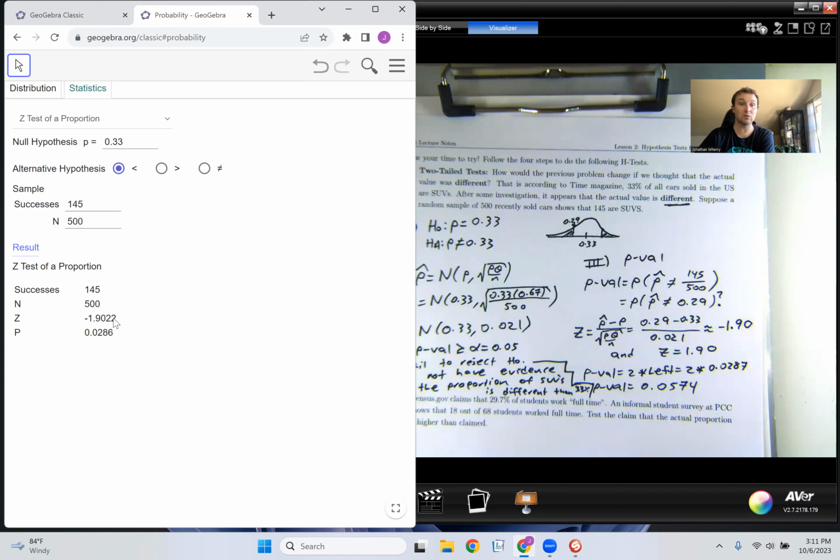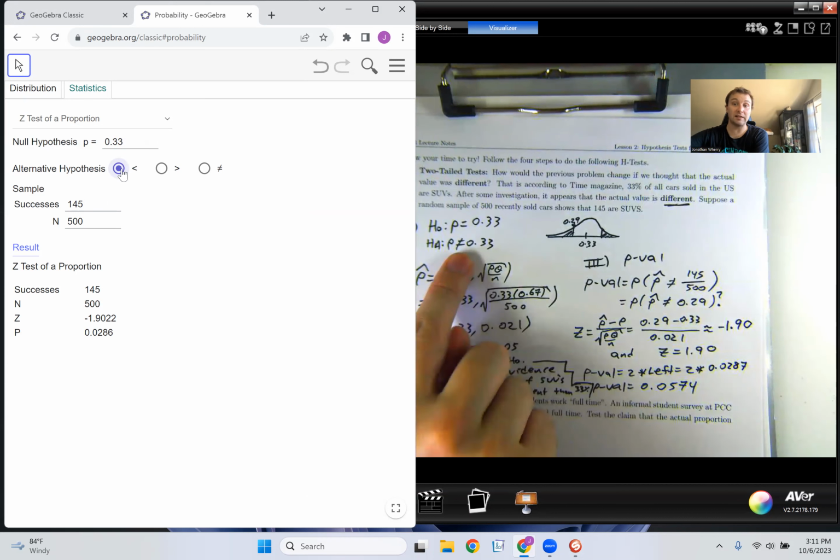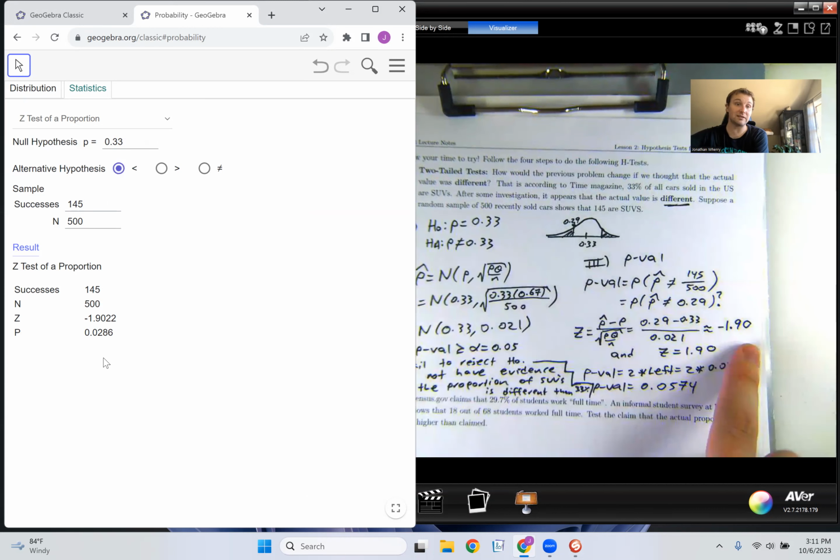It gives me a z-score of negative, and I've got to check my symbol. This would be if it was a left-tailed test. Do you notice how that left-tailed test is just giving me one of those areas? So when I do two tails, it makes that twice as big. So it gives me that same z-score, negative 1.90. That's looking great. And when I multiplied it by 2, I ended up getting a p-value of 0.057.